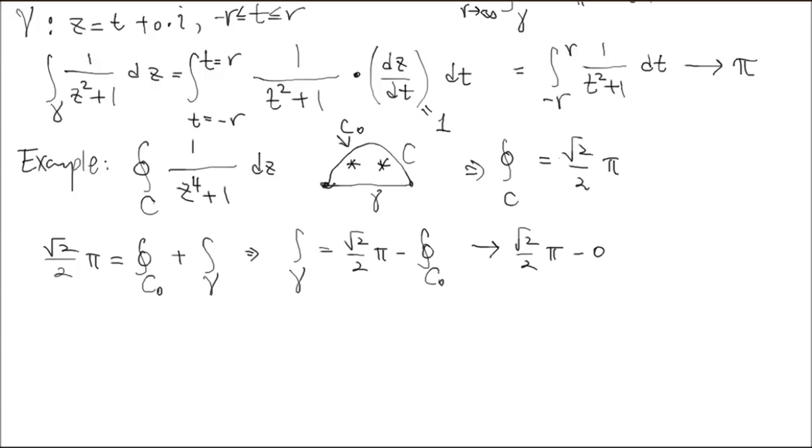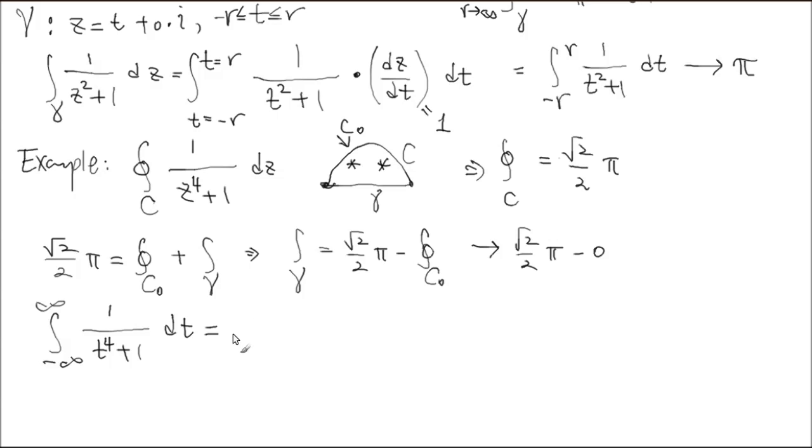So let's write that down. The same phenomenon. If you replace this one with a real parameterization, negative r to positive r, it becomes the same thing. So here we have the result. It says the integral from negative infinity to positive infinity of 1 over t to the 4th plus 1 dt is supposed to be what number now?